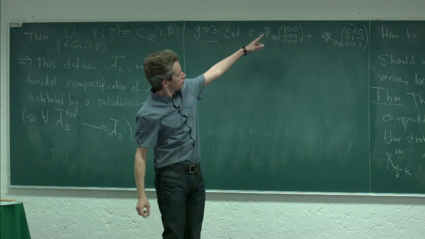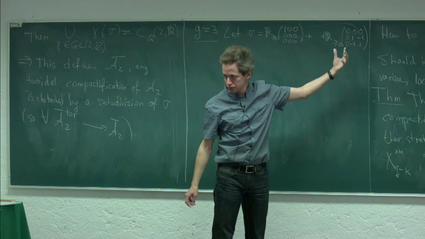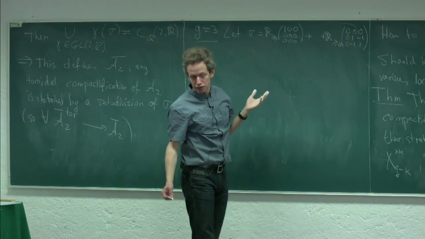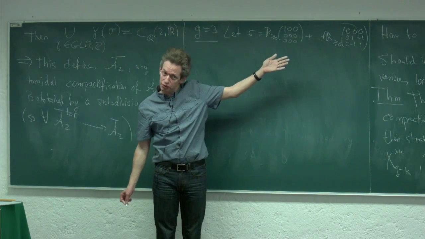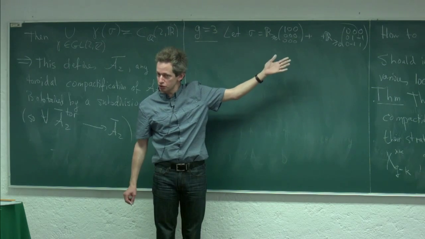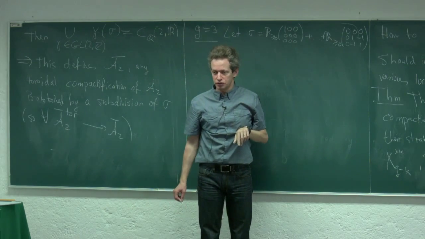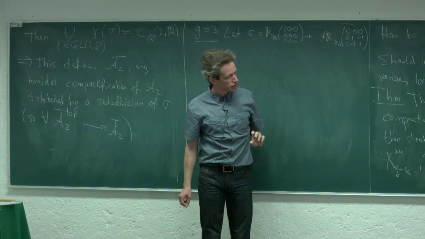So I'll write 3 of these guys and 3 of these guys, so there are 6 generators. So this is a cone in the space of, I mean, these are clearly semi-positive definite. The sum of semi-positive definite matrices is a semi-positive definite matrix. So this is a cone in the space of semi-positive definite matrices. Let's not worry too much about the rational radical.